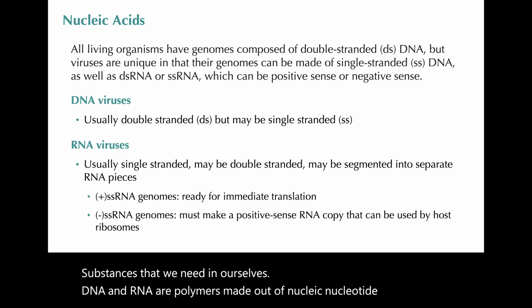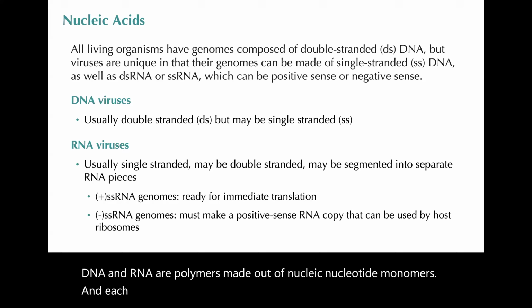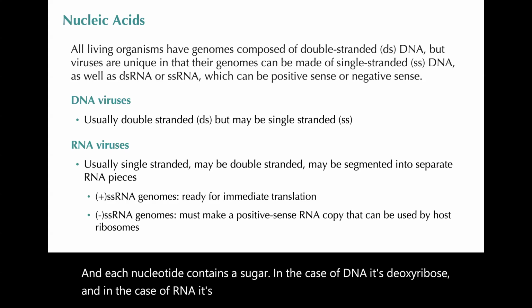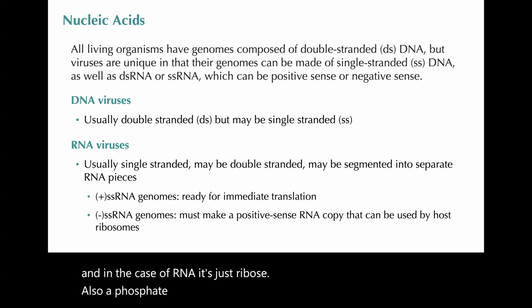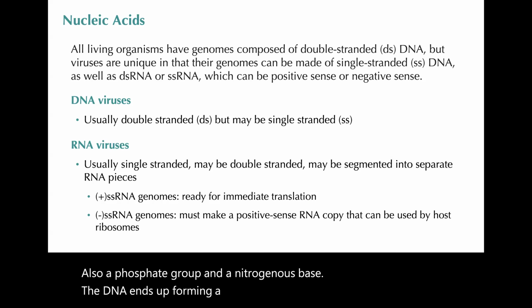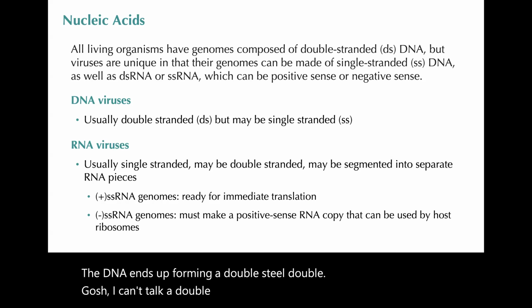monomers, and each nucleotide contains a sugar. In the case of DNA, it's deoxyribose, and in the case of RNA, it's just ribose. Also a phosphate group and a nitrogenous base. The DNA ends up forming a double helix, storing the genetic blueprint.